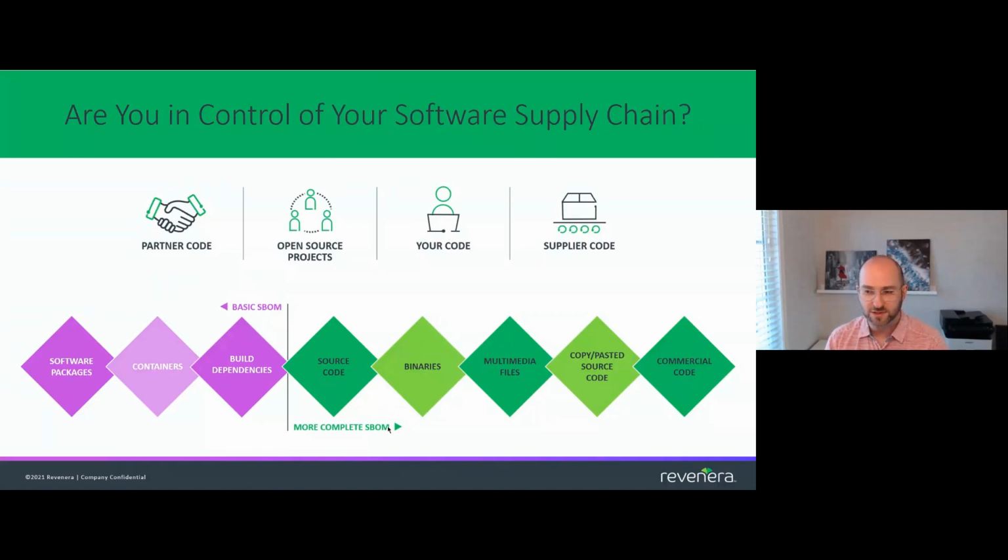However, when we start talking about license compliance and vulnerability exposures, you really need to look at everything to the right, all the green diamonds. This is the more complete software bill of material. Typically, you want to be very up to date and have a very frequent scanning process to handle the diamonds to the left. And you want to make sure that you have a safety net by doing more deep dives, more forensic analysis, to look at the source code that you're pulling in.